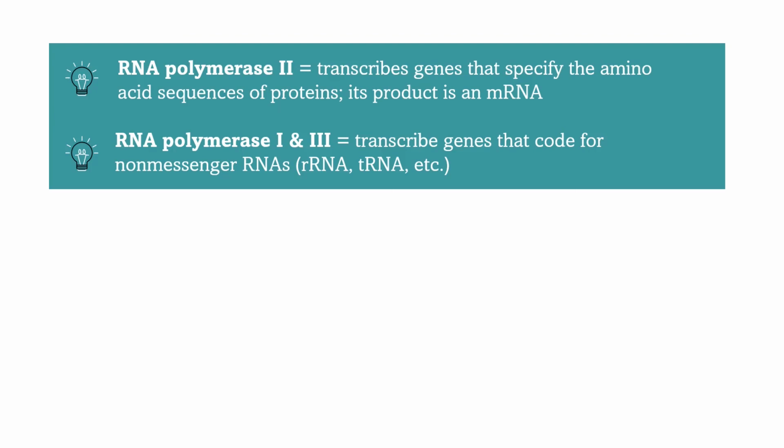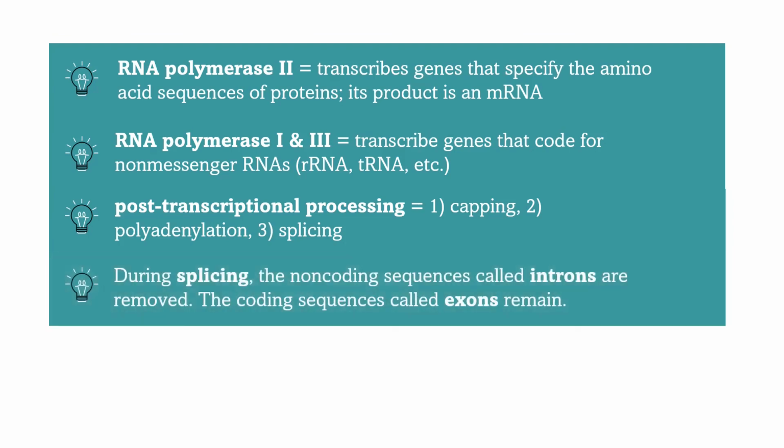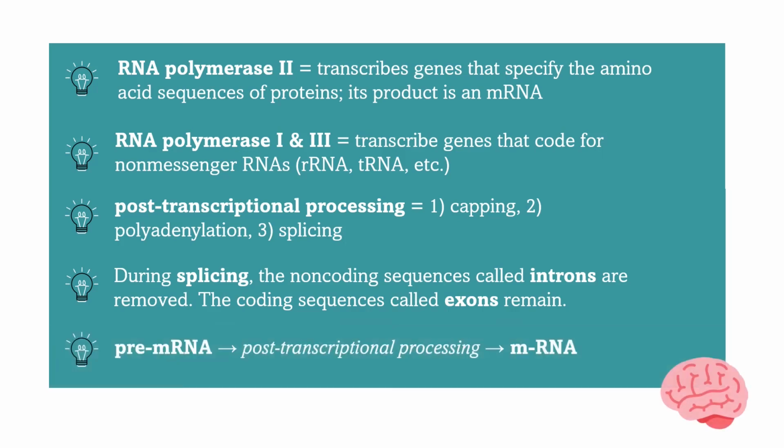So, for example, rRNA, tRNA, etc. We also talked about post-transcriptional processing, so capping, polyadenylation, and splicing that needs to happen before the RNA molecule leaves the nucleus. During splicing, the non-coding sequences called introns are removed and the coding sequences called exons remain. Finally, we said that the RNA molecule before post-transcriptional processing is called pre-mRNA, and after it is called mRNA.